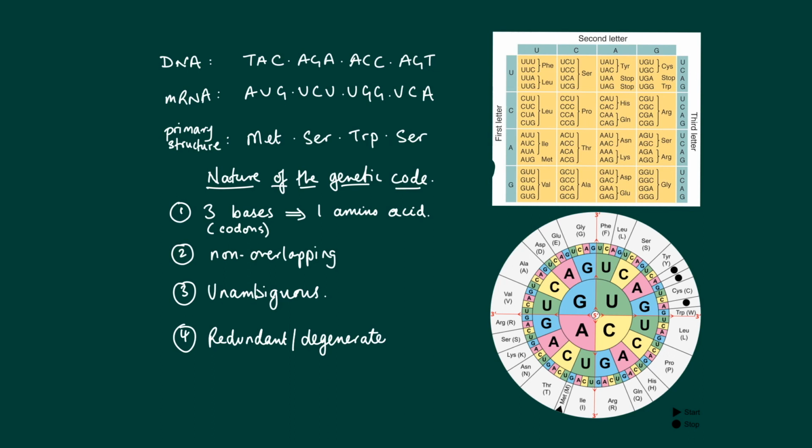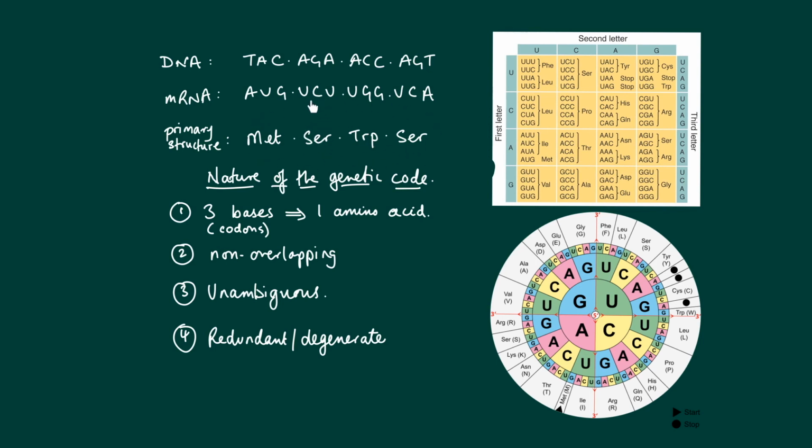And what that's referring to is the fact that whereas each codon only gives rise to one amino acid, there can be more than one codon that can give rise to a particular amino acid. So let's go back to our particular example right here.